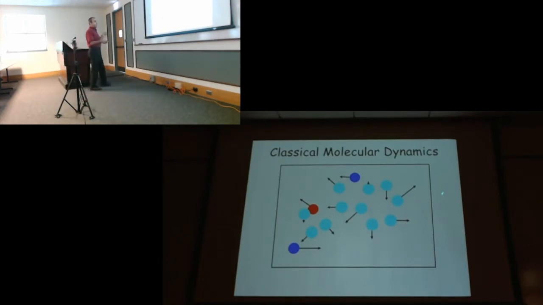So in classical molecular dynamics, you start with the setup coordinates, the positions coming from the crystal structure or from your favorite molecular modeling program, and then you assign initial velocities to them based on a Maxwell-Boltzmann distribution to achieve the particular temperature at which you want to simulate the system.